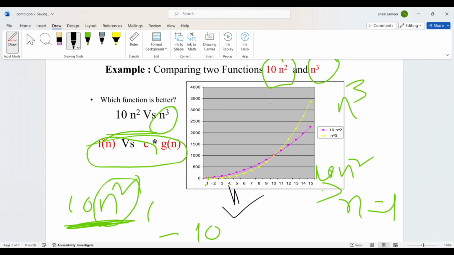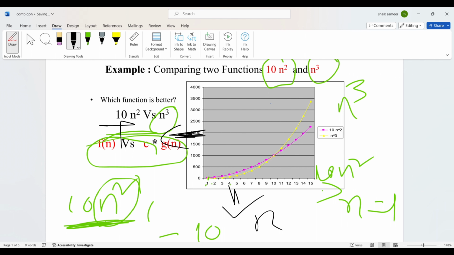Here we take sizes, and here values, meaning time. Size means you can put any value of n, 1, 2, 3, but the same value should be taken for 10n square and n cube, so that you can compare the two functions.